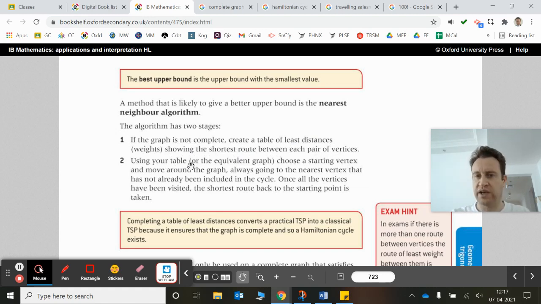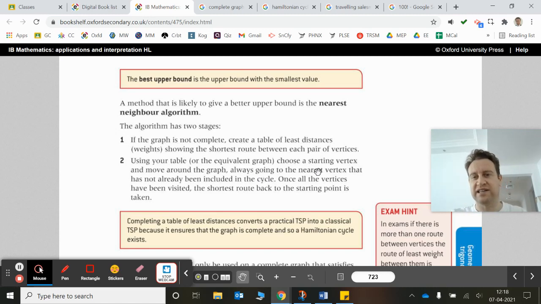2, use your table or equivalent graph, choose a starting vertex. Now, if we have 100 vertices, again, you can see that you're only going to have to do this 100 times, but we're going to be told which vertex to start with. So choose a starting vertex and move around the graph, always going to the next vertex that has not already been included in the cycle, the next nearest one, it says there.